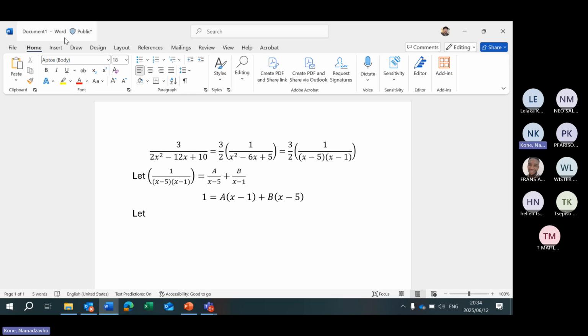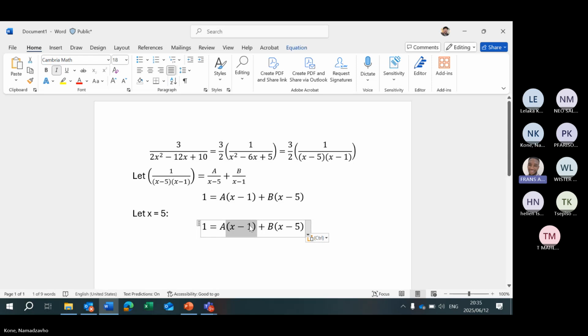Let x be equal to 5. Then when we do that, this equation now becomes 1 equals, we put 5 here, minus 1 is a 4a, right?